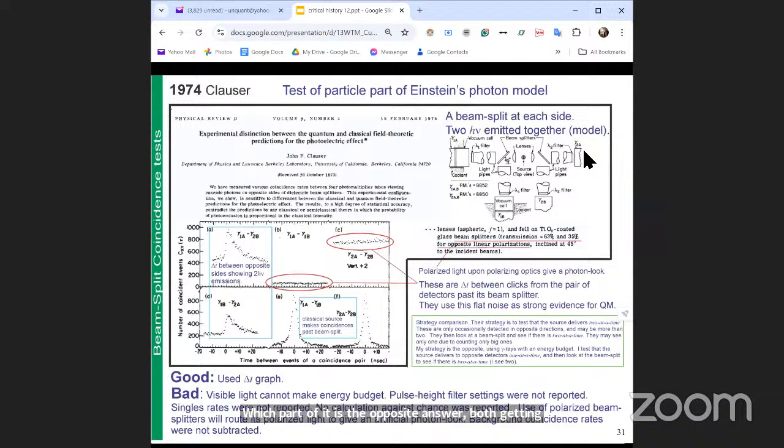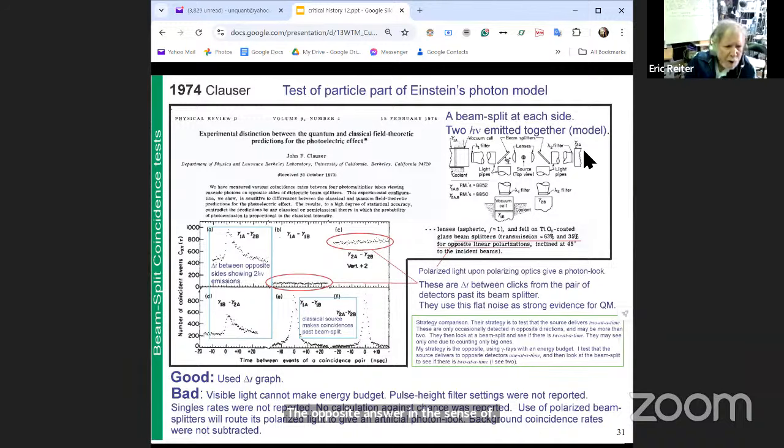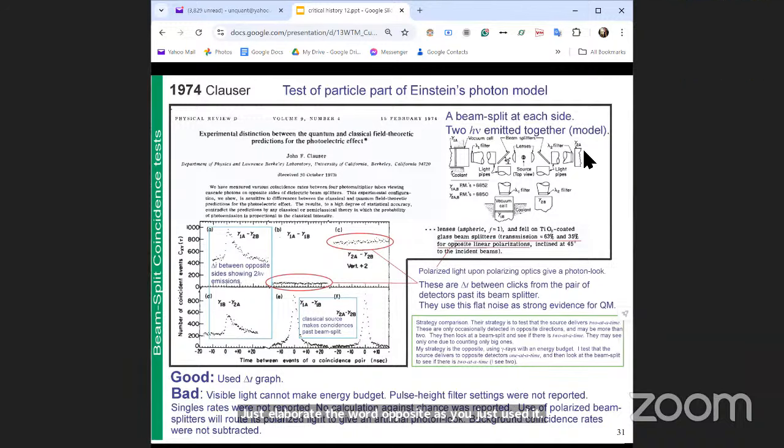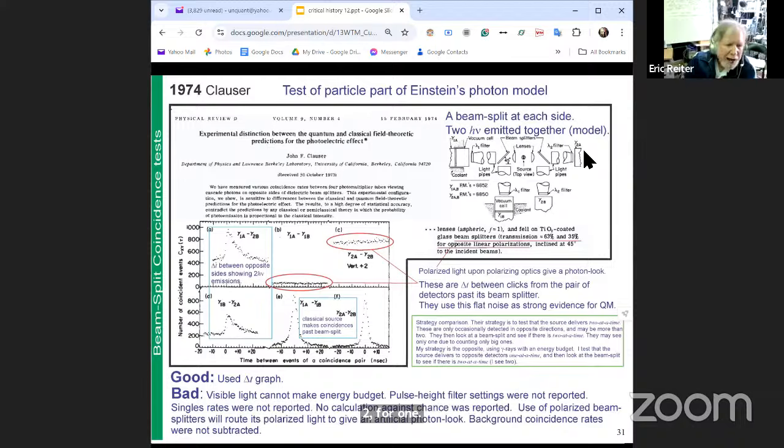Everybody winds up with 1 unit, 1 particle at the end. Just elaborate the word opposite as you just used it. 2 for 1. Right. You start with 1 on the source. You end with 1 on the detectors because you think it's quantized. But what if you start with 1 at a time and you end up with 2 at a time? It's 2 for 1. It means it's not quantized.